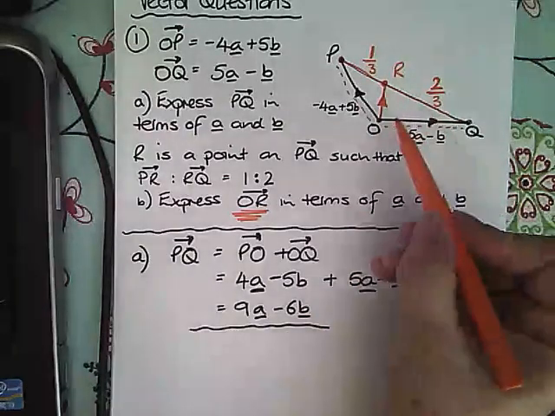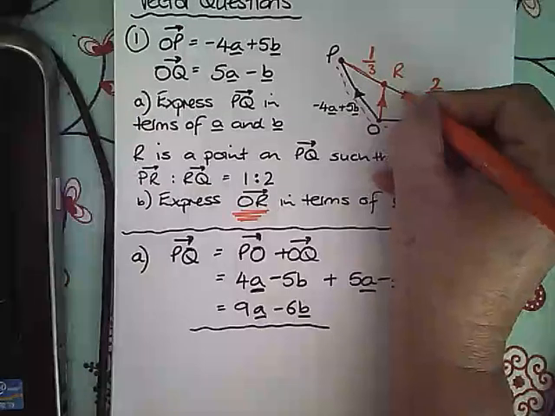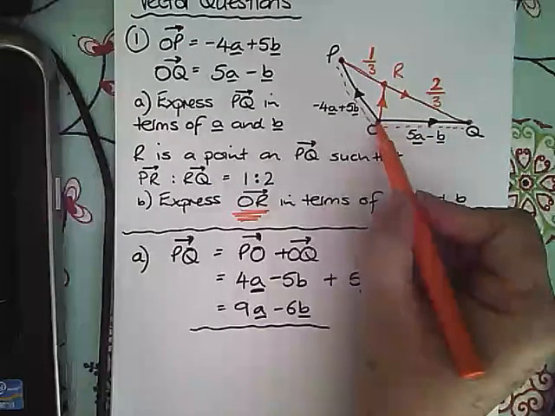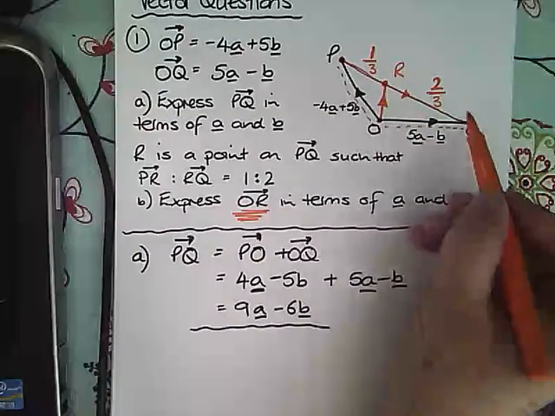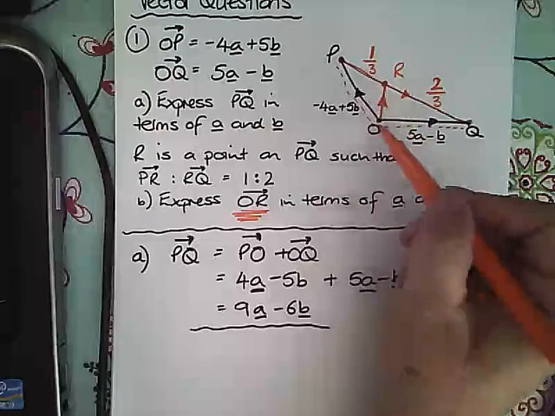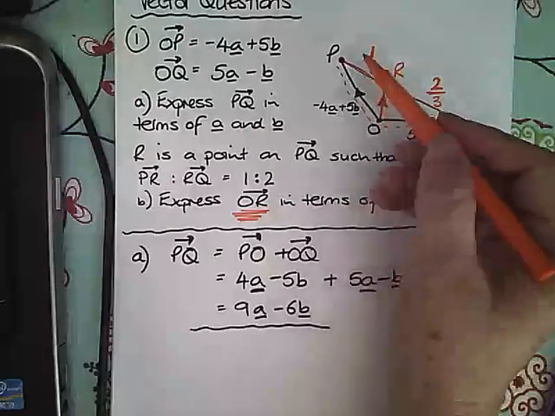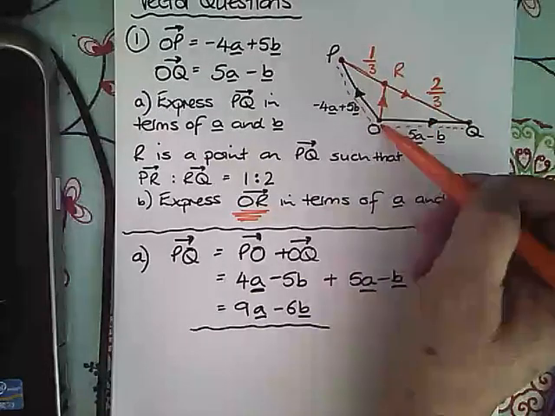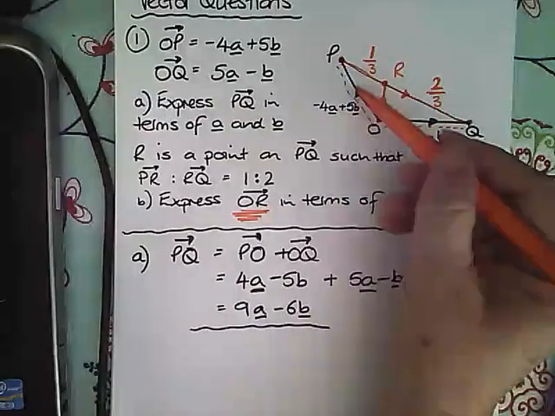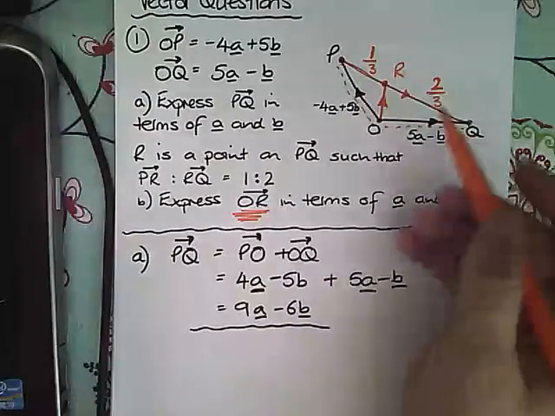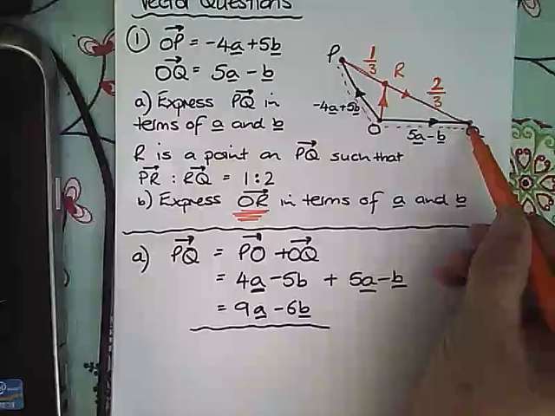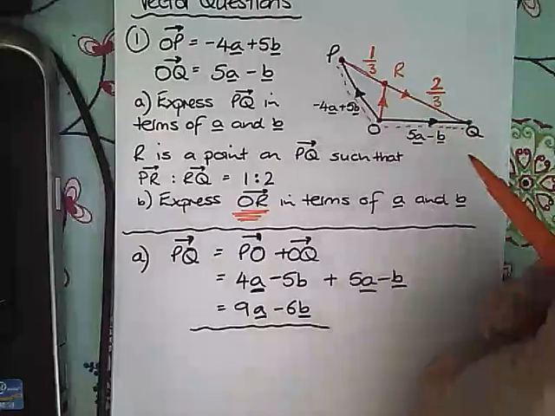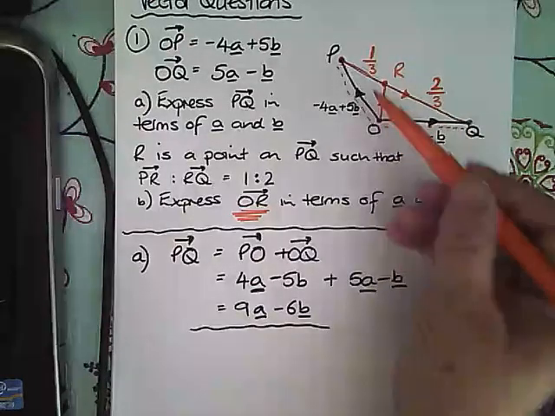Remember PQ is going that way, I could go from O to Q and then Q to R, or I could go from O to P and then P to R. I'm going to go this way. It does depend on which way your brain works. Some of you would spot that you would want to go that way and then the wrong way along this part of the vector. I'm going O to P and then P to R.